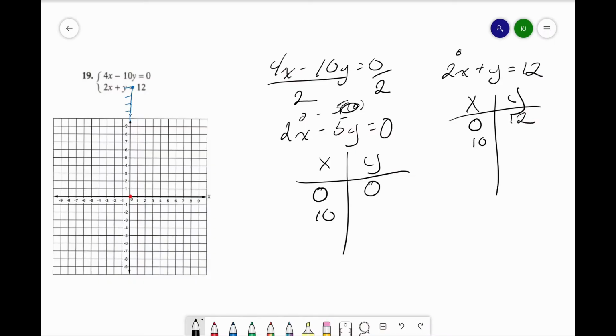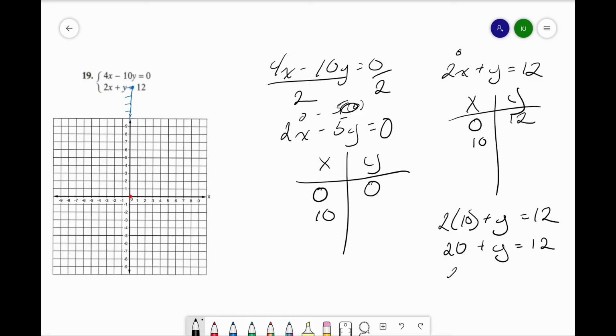Let's do a big number on the other end of the spectrum to see where our lines might end up. And this time we want to, again, try to stay on the chart. So let's do 10, because 10 is easy. Alright, so now let's look at this. So 2 times 10 plus what equals 12? 2 times 10 is going to be 20 plus what is going to get me 12?